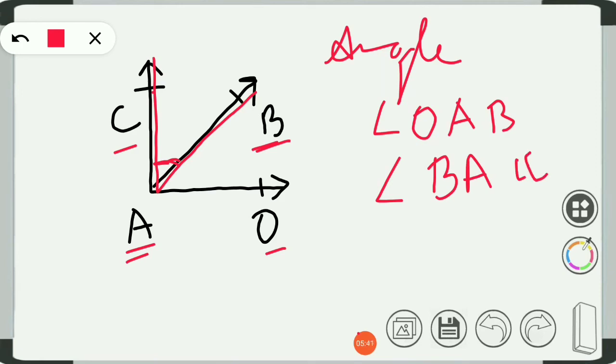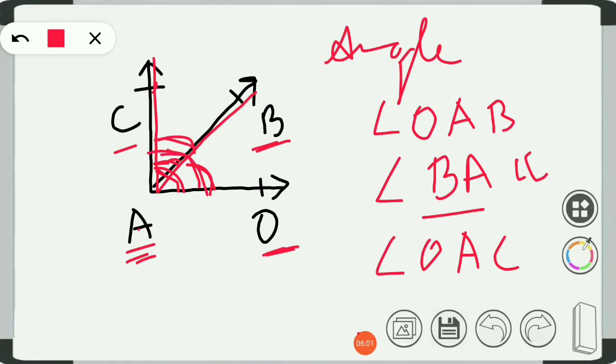First one is angle OAB, second is angle BAC, and the third one is angle OAC. This also forms an angle. First is OAB, which forms this angle. Second is BAC, which forms this angle, and the third one is OAC, which forms this angle together.